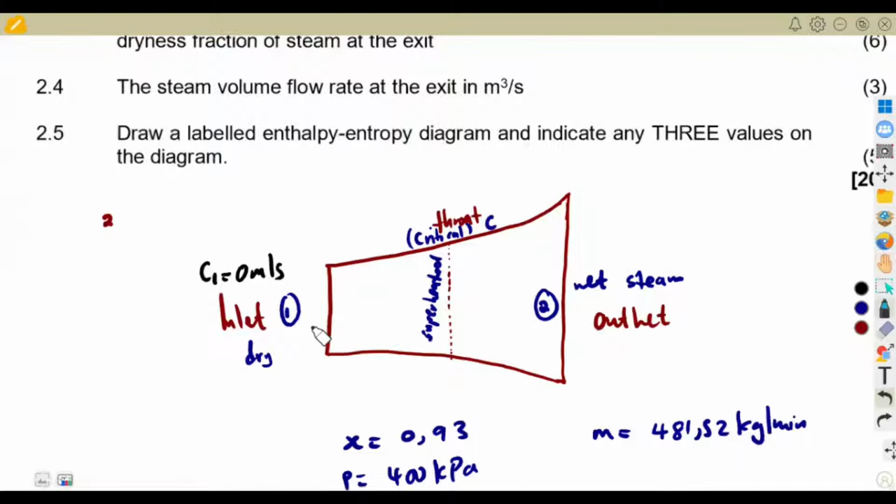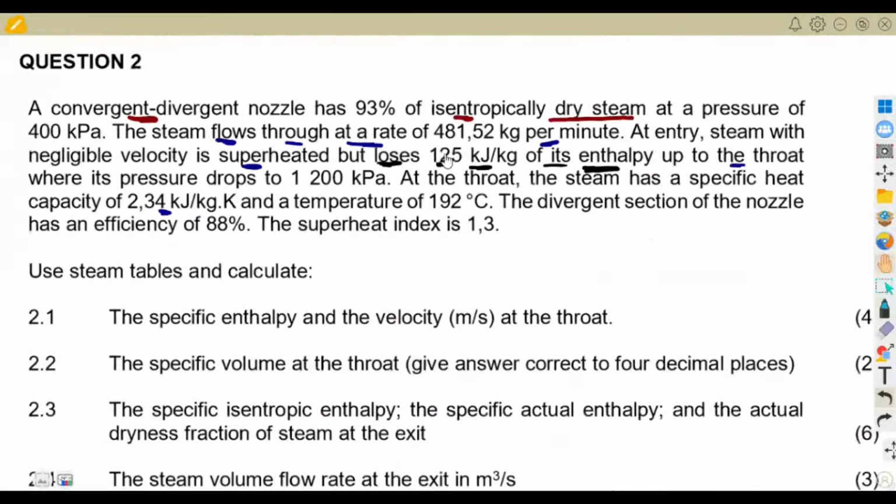This is point 1 and this is point C, where at the critical values we use C. So we have the enthalpy H1 for the dry steam, then HC, which represents the superheated steam. But they are saying there is a loss from that point up to the throat.